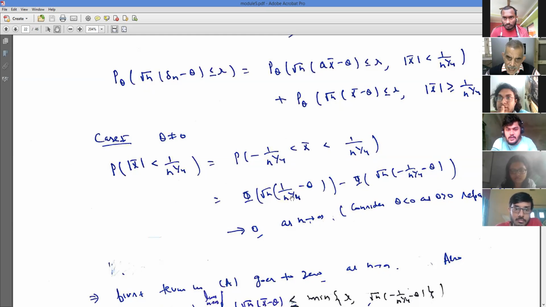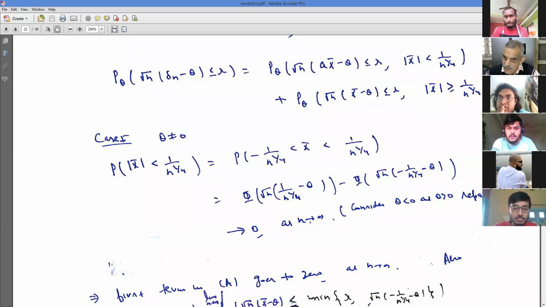My question: suppose theta is less than 0, where does this quantity go to? This quantity will go to infinity. So this would go to 1, right?